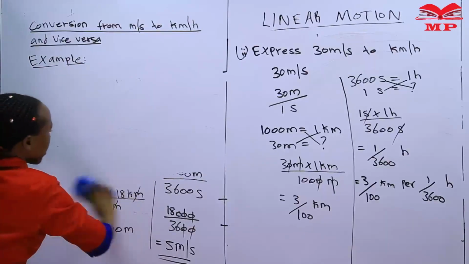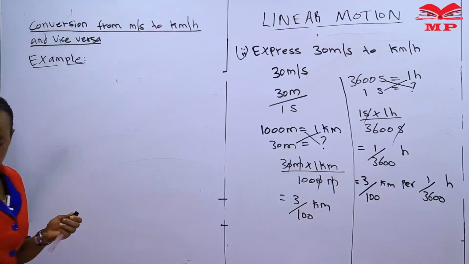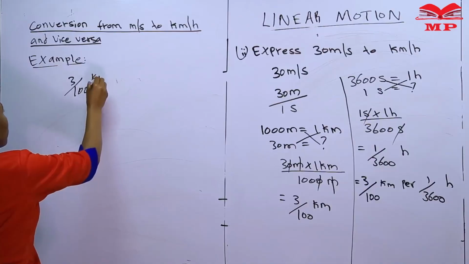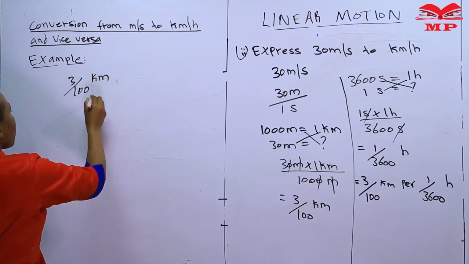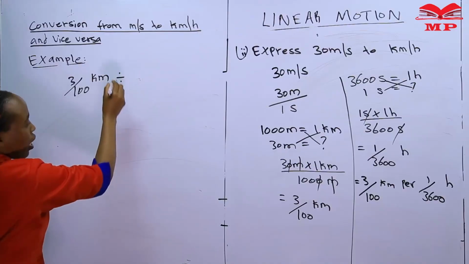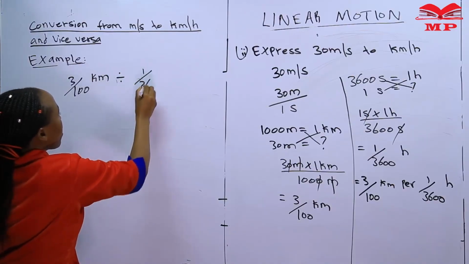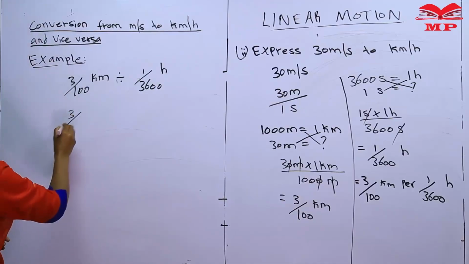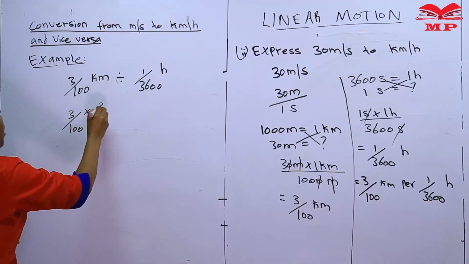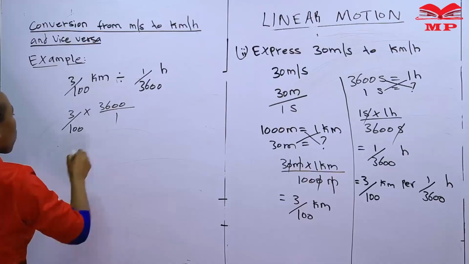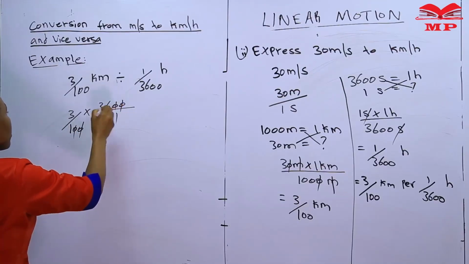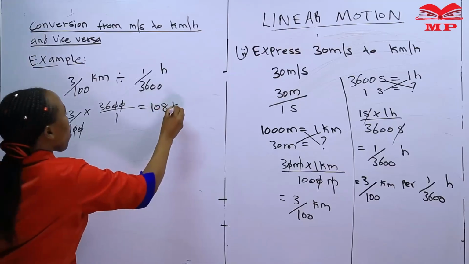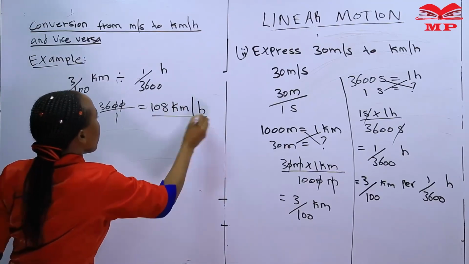So we are dividing 3 all over 100 kilometers by 1 over 3,600 hours. So we are going to have 3 all over 100 times 3,600 all over 1, whereby we cancel this. 36 times 3 is 108 kilometers per hour.